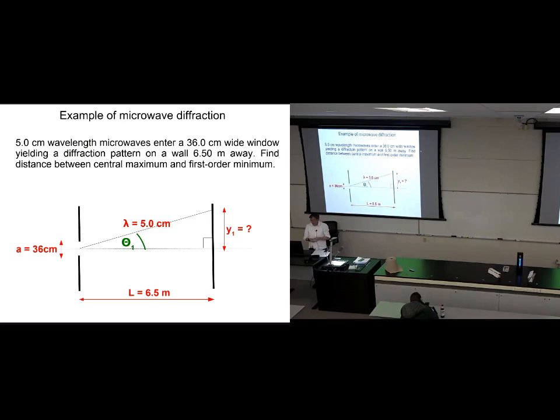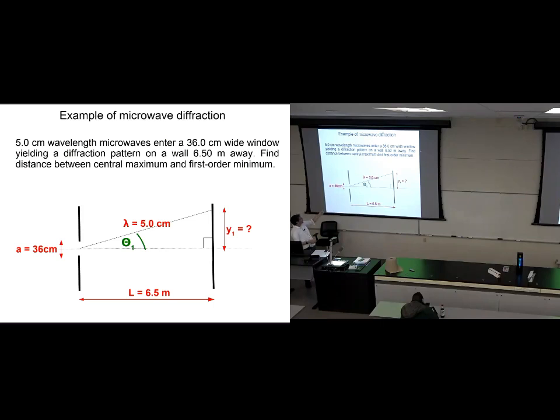These microwaves are now going to strike an aperture that is a window. We're told the size of the window, the width of the window. So we're being told that variable A, that was the slit size. We're told that the microwave's wavelength is 5 centimeters.